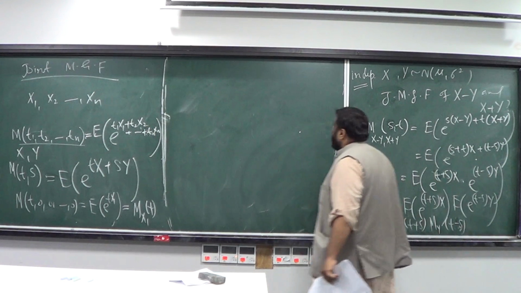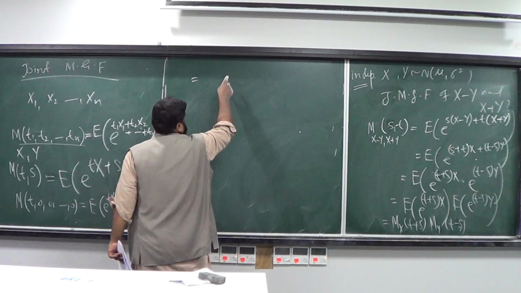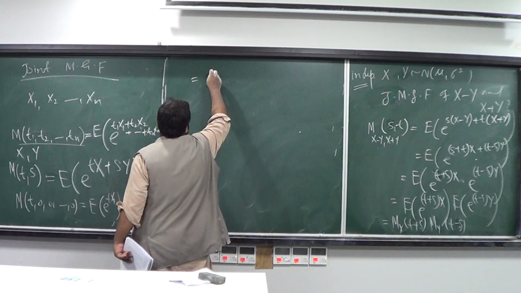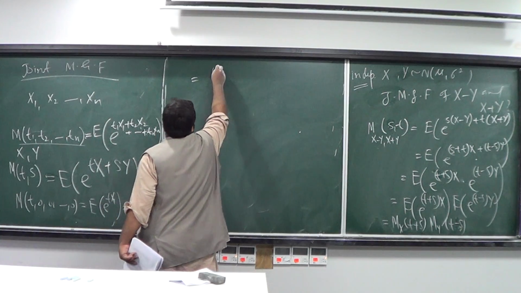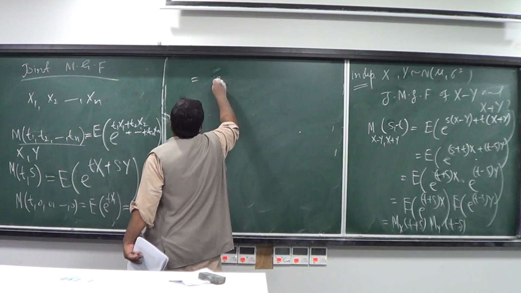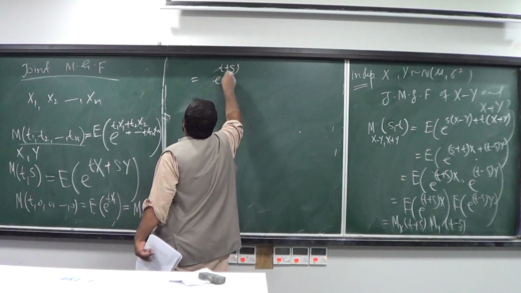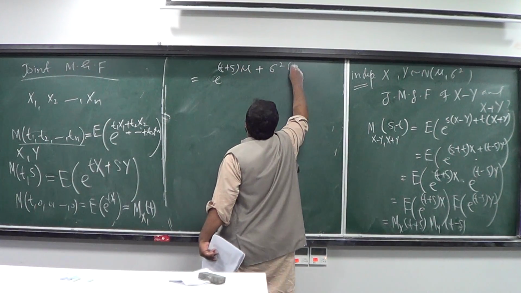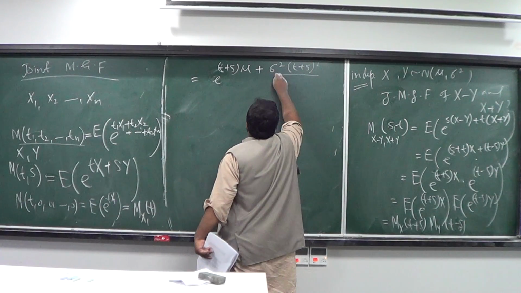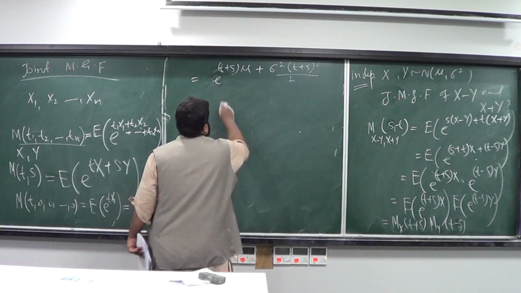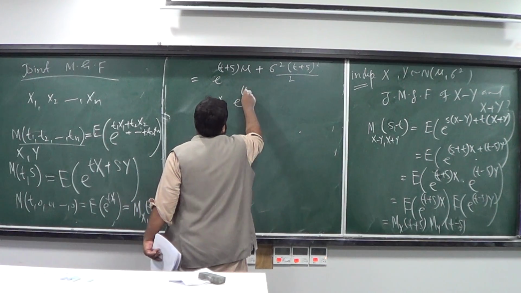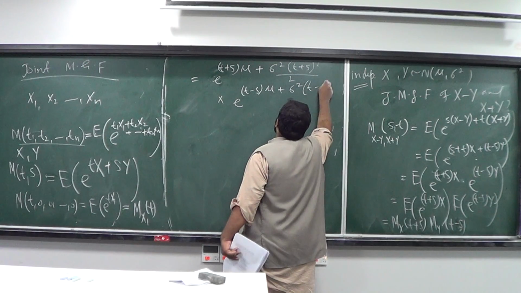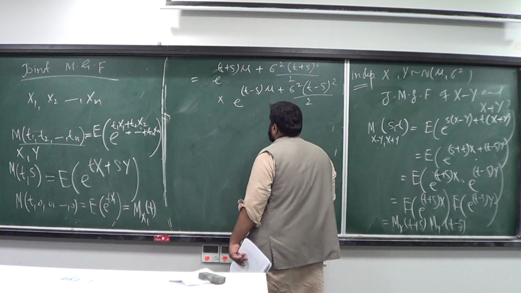So by this definition, the moment generating function of x evaluated at t plus s, replacing t by t plus s, is e to the t plus s mu plus sigma square t plus s square upon 2, times e to the t minus s mu plus sigma square t minus s square upon 2.